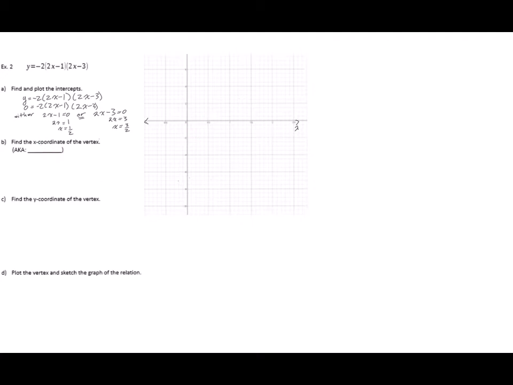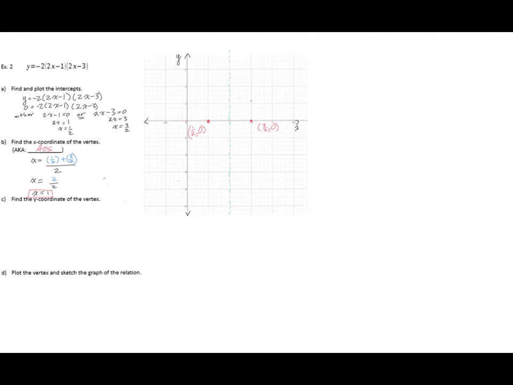Going through the motions, we end up with 1/2 plus 3/2, which gives us 4/2, which is really 2, and then divide that by 2 to get 1. So our axis of symmetry is going to be at x = 1. And really, you could literally eyeball where the halfway mark between those 2 points is.